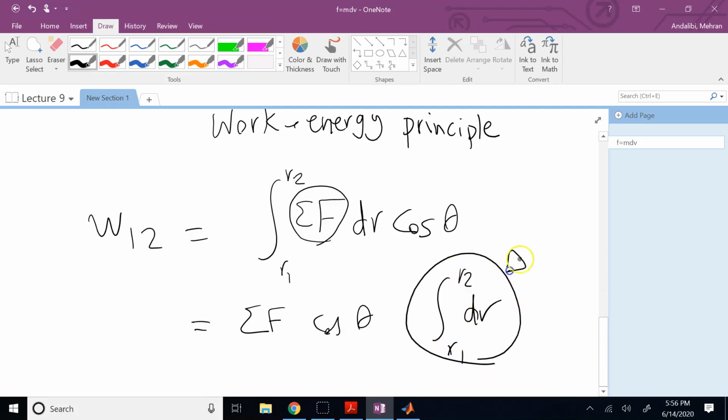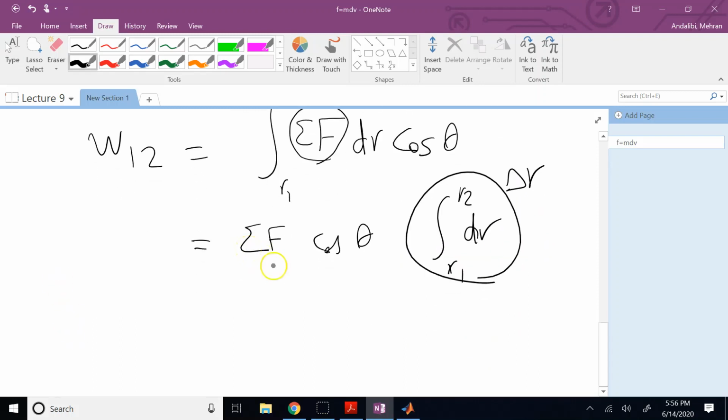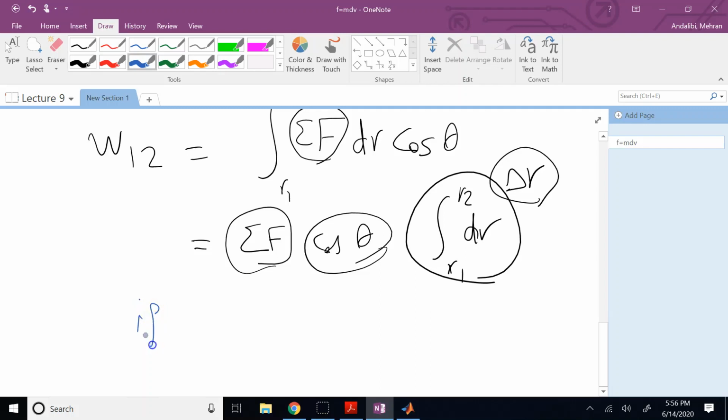Yes, that's delta r. And this is what you learn in your physics. Work is the force times displacement times what? Cosine of the angle in between. But the simplified version is only applicable if what? If the force, or summation of the force, is constant, and what? The angle theta is constant.